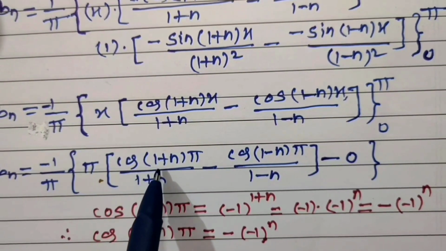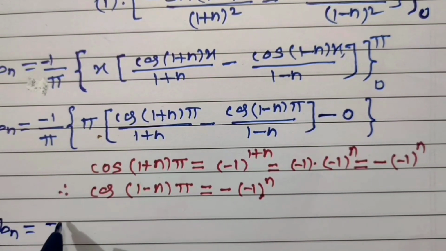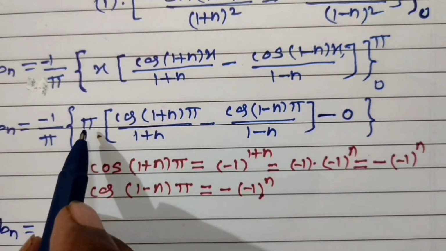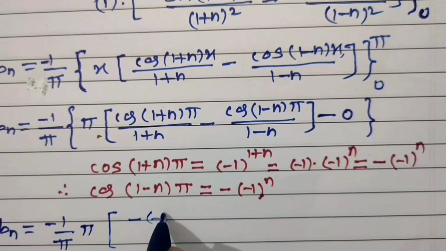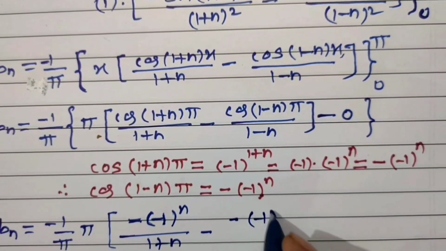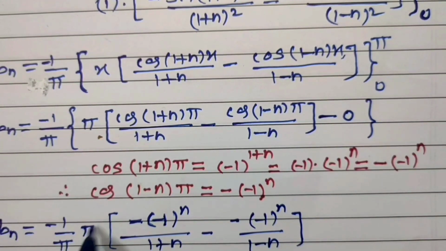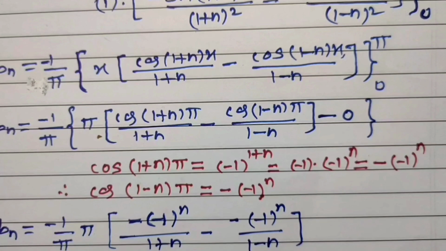So replacing this and this, Bn is equal to minus 1 upon pi and this pi into bracket, this is minus 1 to the power n divided by 1 plus n minus minus 1 to the power n divided by 1 minus n. This pi gets cancelled with this pi, and if we take minus sign common from this bracket, then minus that becomes plus.